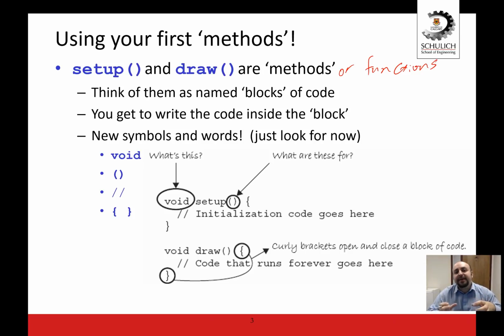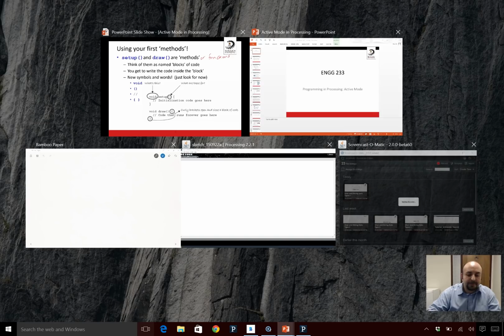Now, this is the first time that we are actually experimenting with functions. We are going to do a lot more with functions, but for the time being, I just need you to understand that we're going to have two blocks of code that are going to have their own little scope, and they're going to be separate from one another.